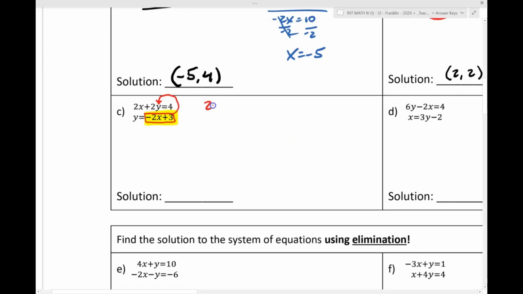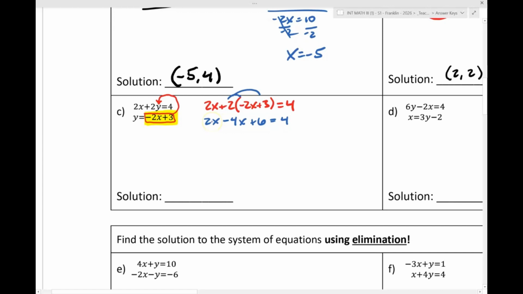So we've got 2x plus 2, and then instead of y, put negative 2x plus 3 equals 4. So just that entire first equation, just like it was originally, instead of y, we put negative 2x plus 3. And now, once again, we have to solve it, so we'll distribute this 2. So 2x minus 4x plus 6 equals 4.